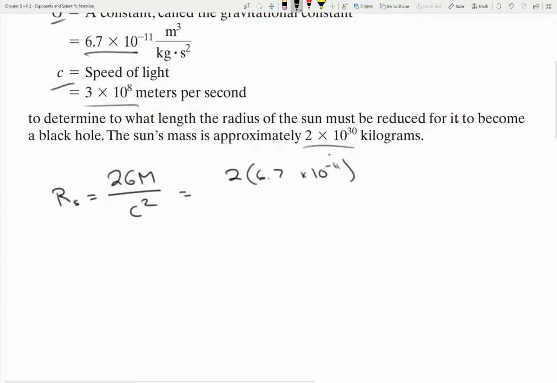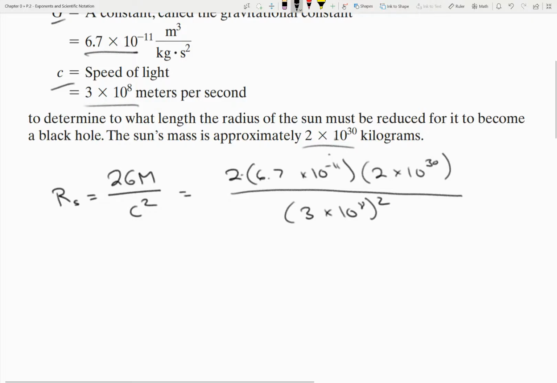This is all multiplication, so it's not like we have to distribute any of this.